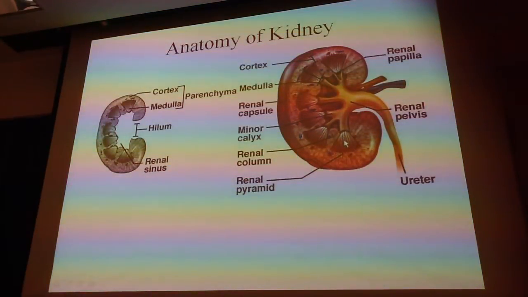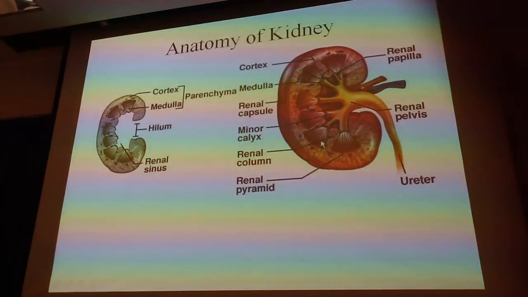But the pyramids, you should know what they are. They drain into what they call the minor calyces. These calyces are actually very muscular, and they have a kind of peristalsis, so they squeeze the urine into the major calyx. And from the major calyx it goes into the renal pelvis, and from the renal pelvis it goes down the ureter into the bladder.